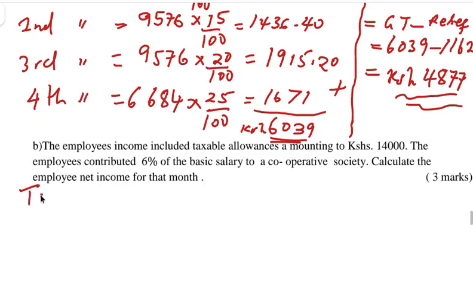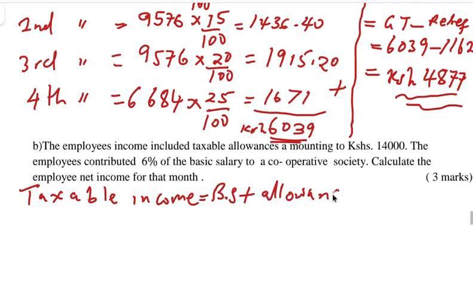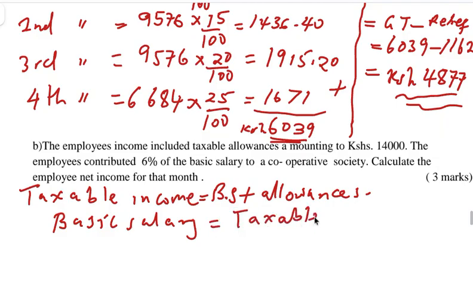So taxable income, sawa, is usually your basic salary plus all allowances. Sawa. So ikiwa nataka kutafuta basic salary, then is vice versa. So your basic salary is when you take your taxable income minus all allowances.